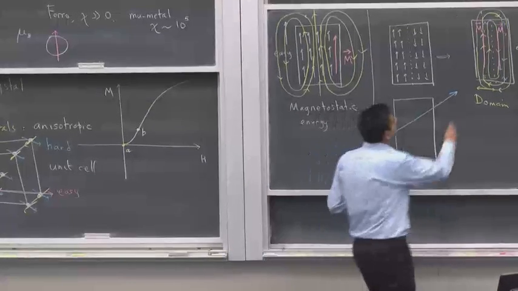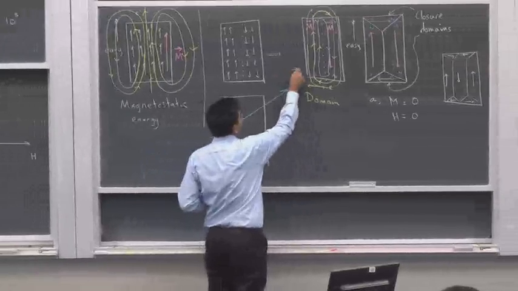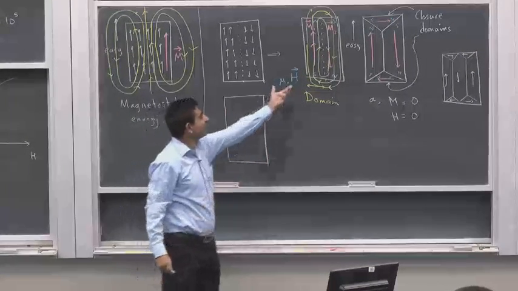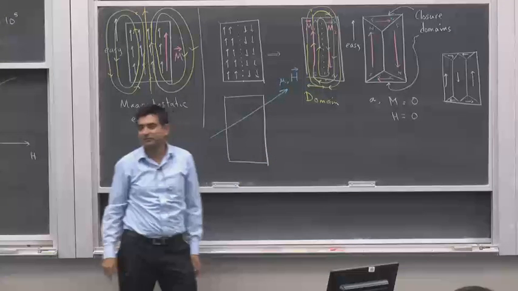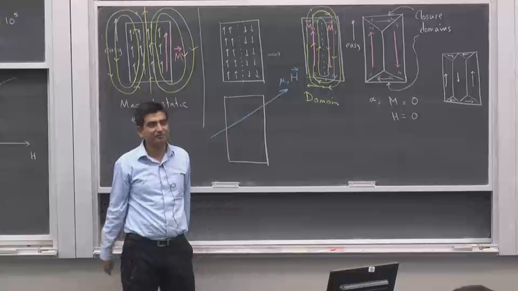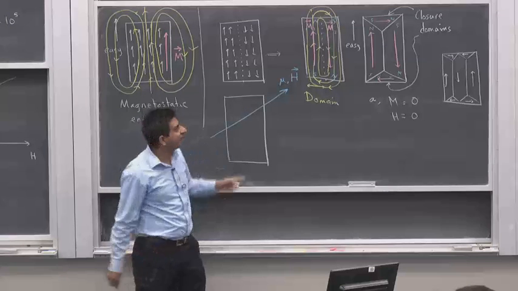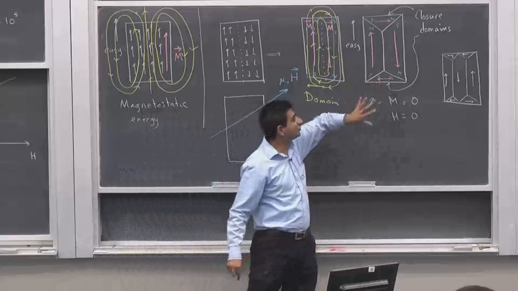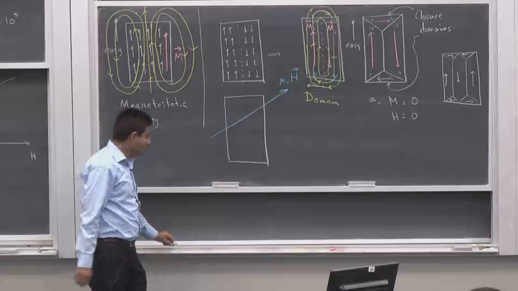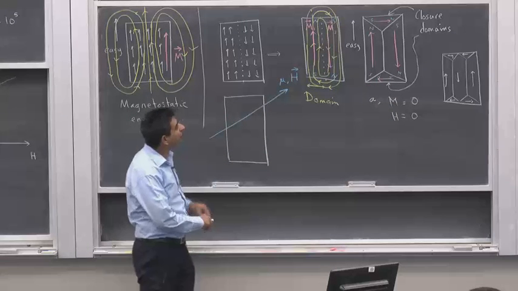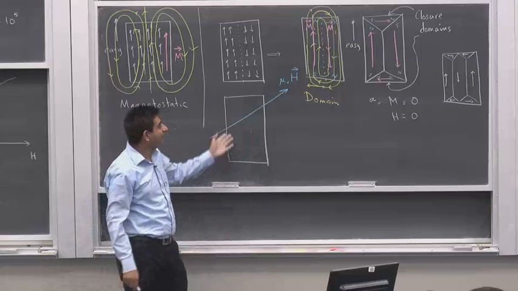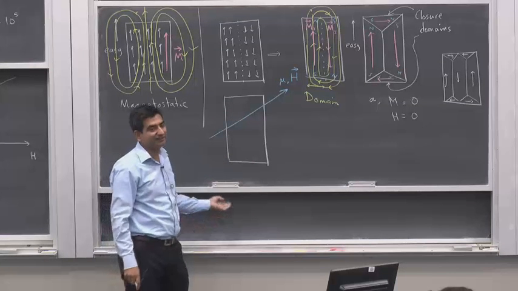And since I'm talking about fields, I'd just like to put in a mu naught here, because this will have dimensions of a magnetic field. So this is my external stimulus, mu naught H, or H. And this is the direction of the field, and this object with this domain structure has been placed inside this field. Now this field is obviously not along the easy axis.